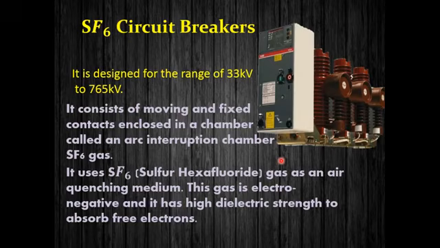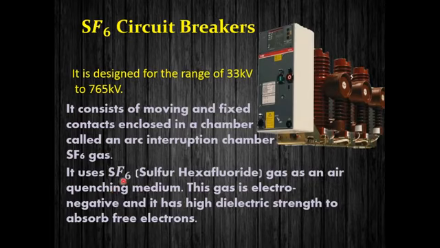Then comes the SF6 circuit breaker, which is ideal for outdoor application, and it is also employed for voltage ranges between 33 kilovolts to 765 kilovolts. It also consists of moving and fixed contacts enclosed in a chamber called an arc interruption chamber filled with SF6 gas.